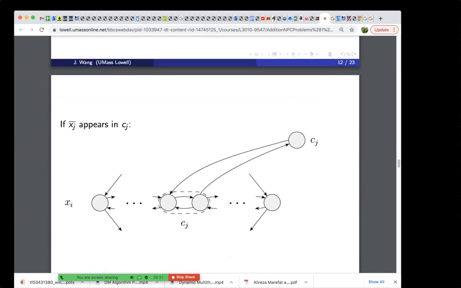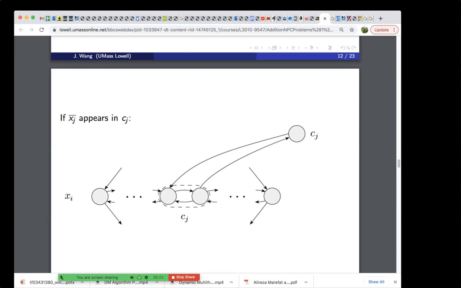And if instead you have the complement of xi in Cj, then you make an opposite connection.